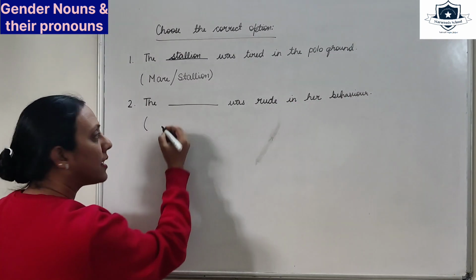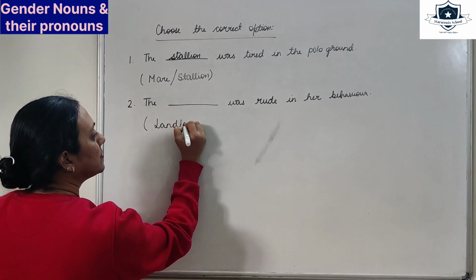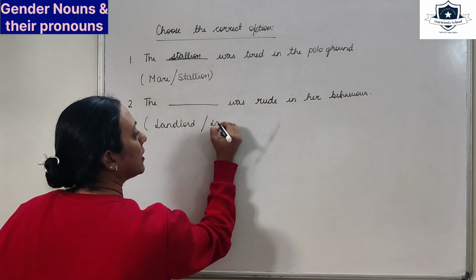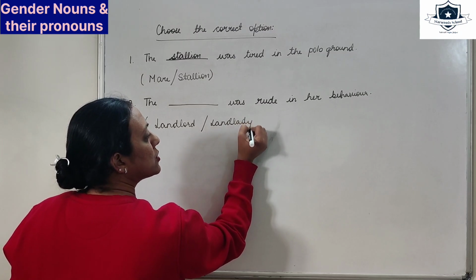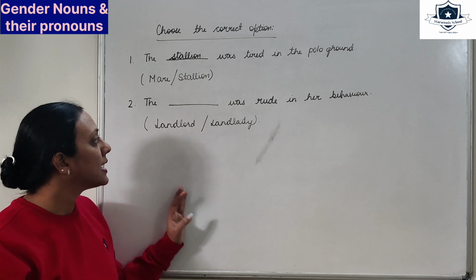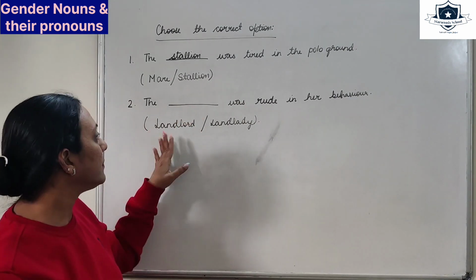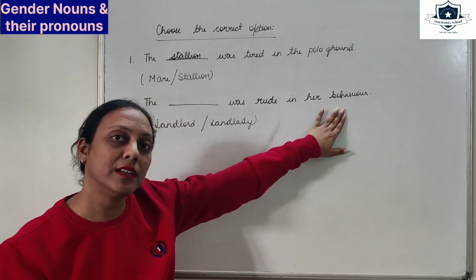The options are landlord or landlady. So now it is very important for you to understand the difference. I will try fitting one word at a time. The landlord was rude in her behavior.